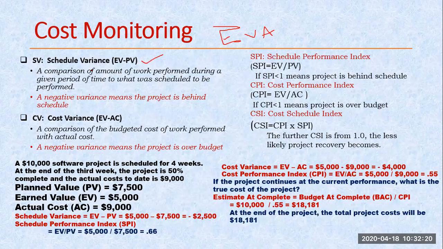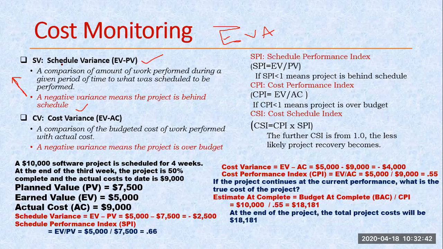Actually, when we are making a plan, the plan is related to how much time we are going to spend, and how much cost we are going to spend. Now on some day while my project is going on, we start evaluating whether we are working as per my plan or not. That is the meaning of earned value analysis.